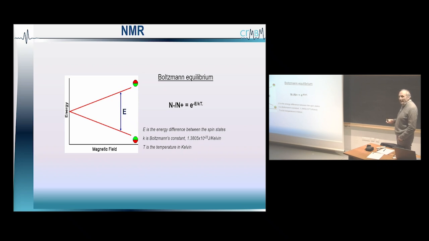And as I mentioned before, we need to have a difference, otherwise you won't have the NMR signal. You can see in here, this is related to the energy difference between the two states, which is going to change according to the magnetic field. If you are here, it will be smaller than here. And it will also be related to the temperature. If you change the temperature, you are going to change this equilibrium.